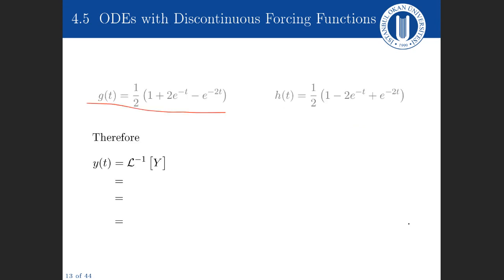So I've put these at the top. We've found these. Now we're going to do the key step. Now we're going to be using the shift formula. I want the inverse Laplace transform of capital G minus e to the power minus 10s capital H. And by the shift formula, that's small g minus u10 times small h at t minus 10.